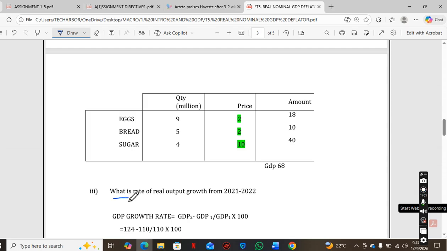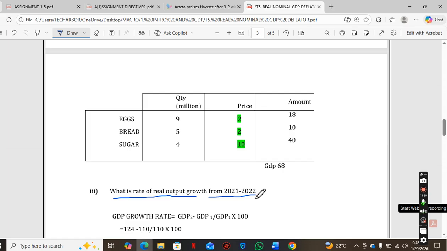Next question is, what is the rate of real output growth from 2021 to 2022? Colleagues, anytime you're asked about rates of growth, just remember you're dealing with percentage changes. If you remember from microeconomics, I gave you a basic formula for percent changes.